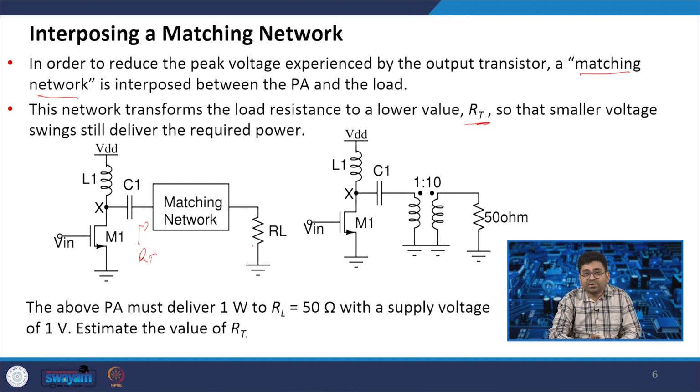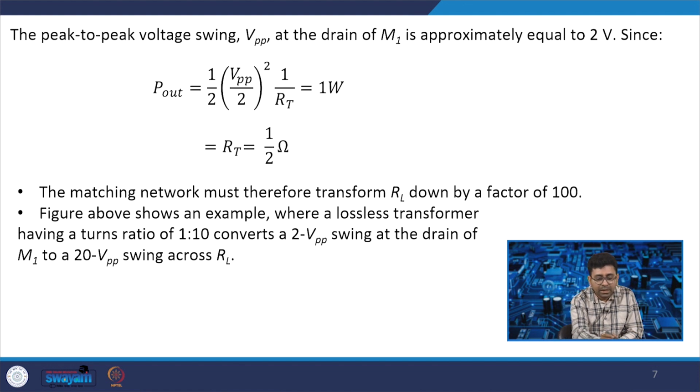We will take one example for that. If the above PA wants to deliver 1 watt of power to RL with a supply voltage of 1 volt, what we need to do is find the value of RT. Here the peak to peak voltage swing VPP at the drain of M1 is approximately equal to 2 volt, because it is the peak to peak swing. So Pout equals half times (VPP by 2) squared times 1 by RT.